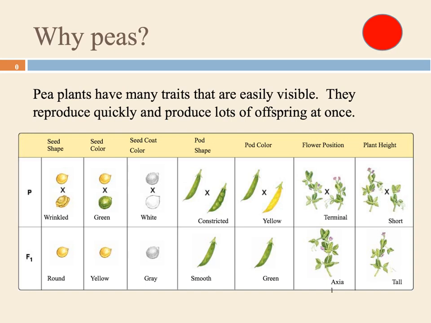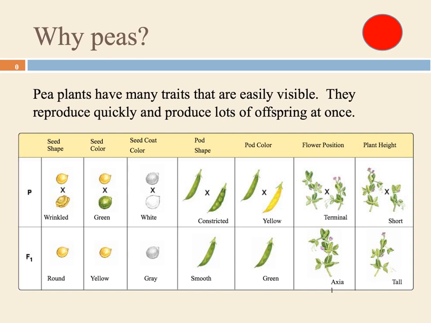And he also chose them because he could easily manipulate them. For example, in 7th grade, you should have learned that a flower has both male and female parts. So he could simply remove the male part of a flower and control what flowers were able to mate with the other.